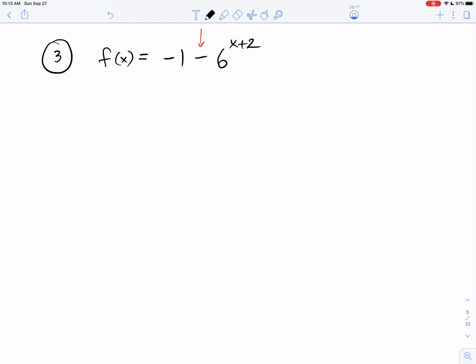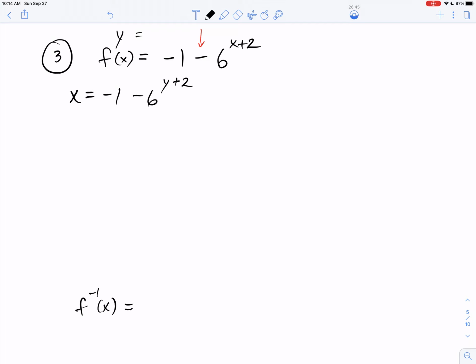So here we go. This time I used function notation. I used f of x. So technically when I get to the end, my answer will say f inverse of x equals, and then whatever that is. So let's call this thing y equals, so when I switch the x and the y, it doesn't look weird. So I'm going to say x equals -1 minus 6 to the y plus 2.